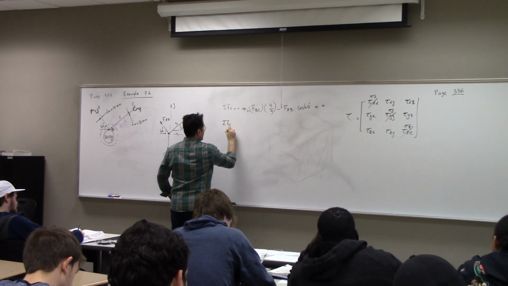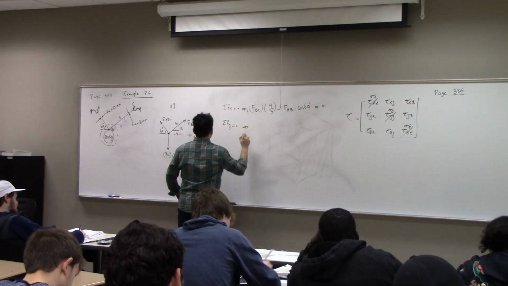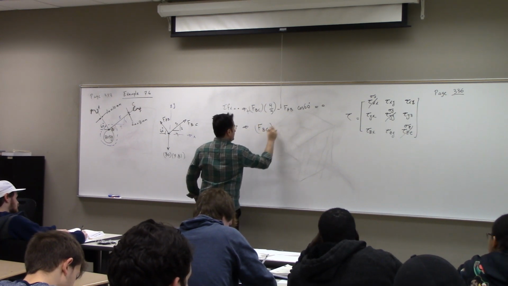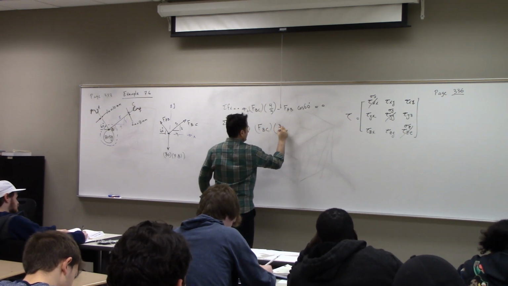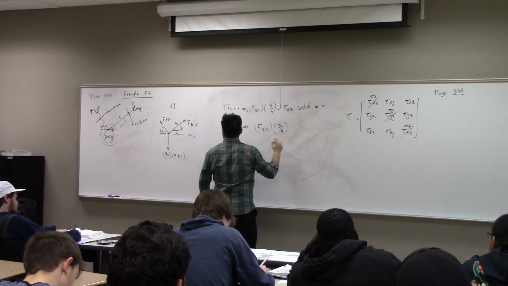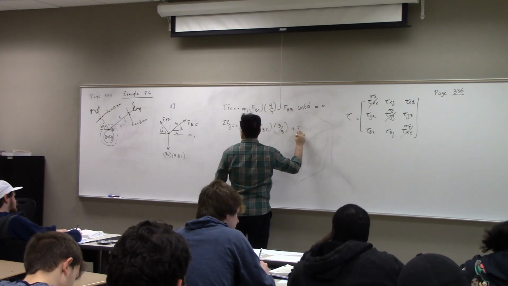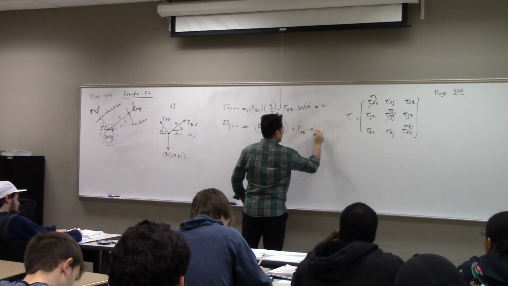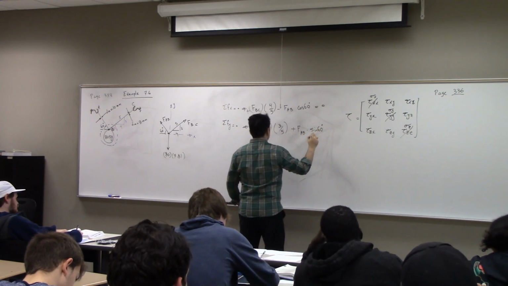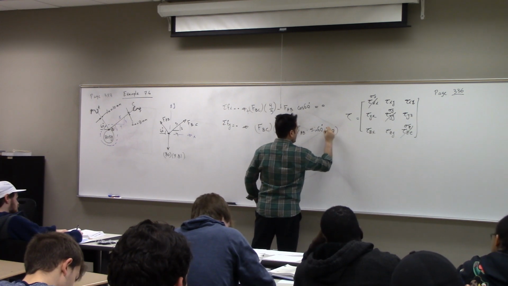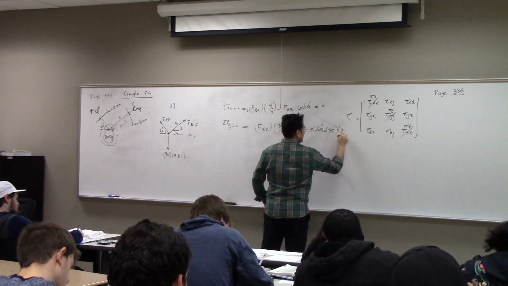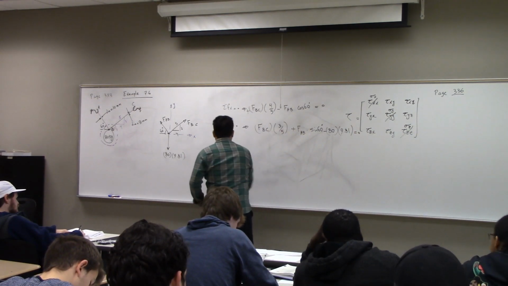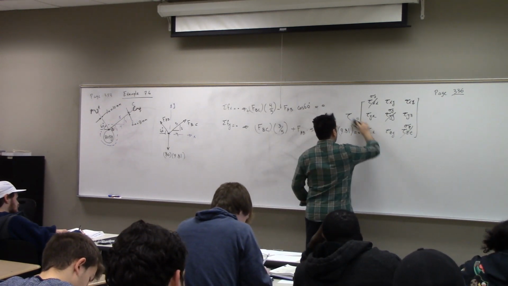Summation of forces in y equals 0, that will give me F_BC times 3 over 5 plus F_AB times sine 60 minus 80 times 9.81 equals 0. And what was summation of moments?